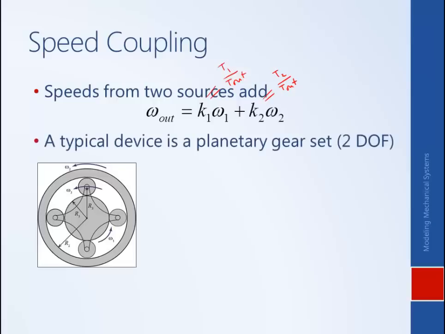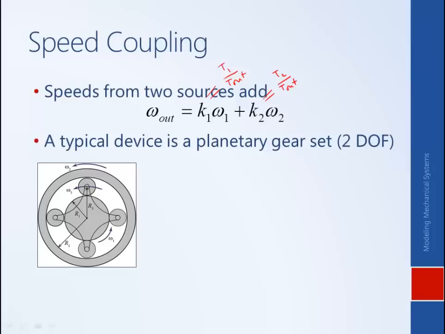The sort of device that achieves this speed coupling is called a planetary gear set. And so in this case, we can sort of imagine that the IC engine is connected to this gear, which we call the sun gear, the central gear, and let's say the electric motor is connected to this outer gear, which is a ring.